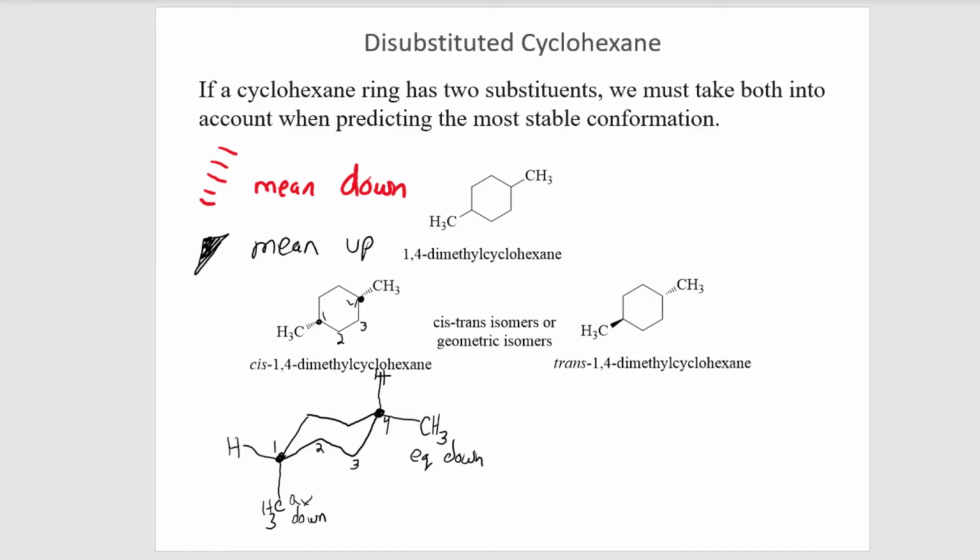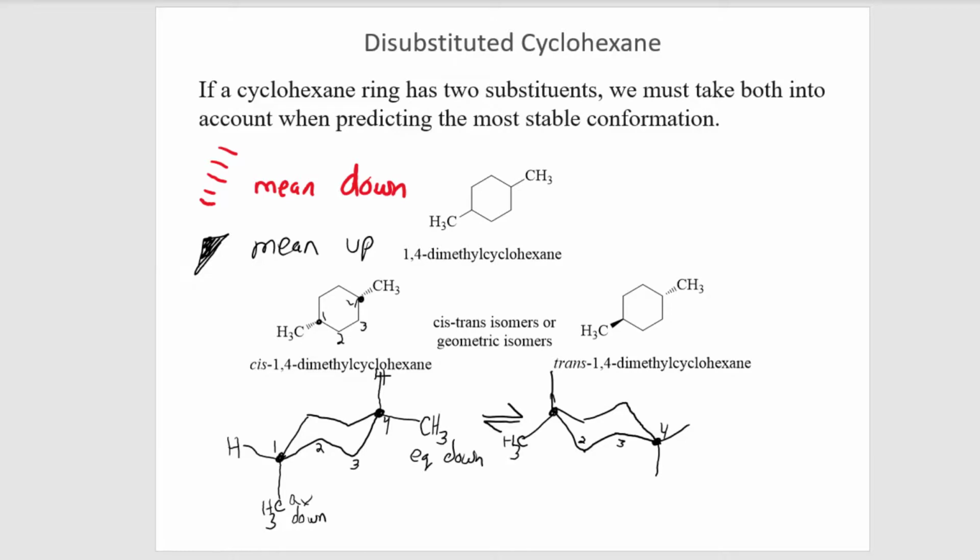They have no correlation to equatorial or axial, because I'm going to draw the ring flip now. 1, 2, 3, 4. I draw my axial and methyl trajectory. Up is up and down is down, so the methyl has to stay down.